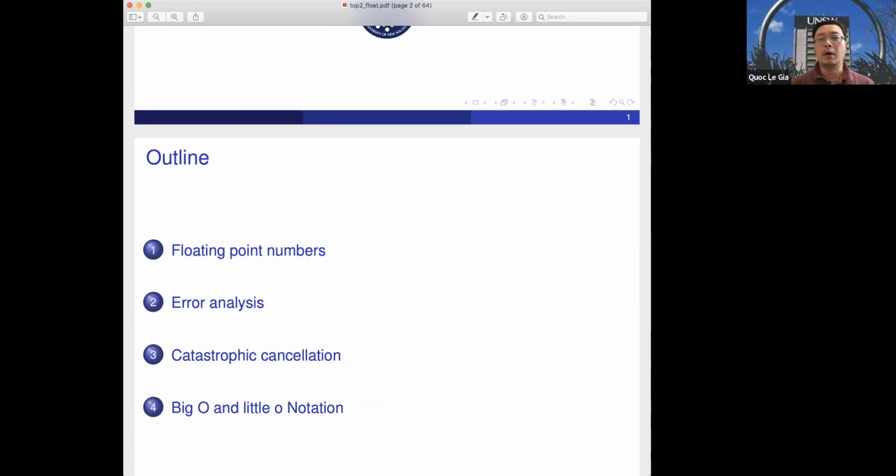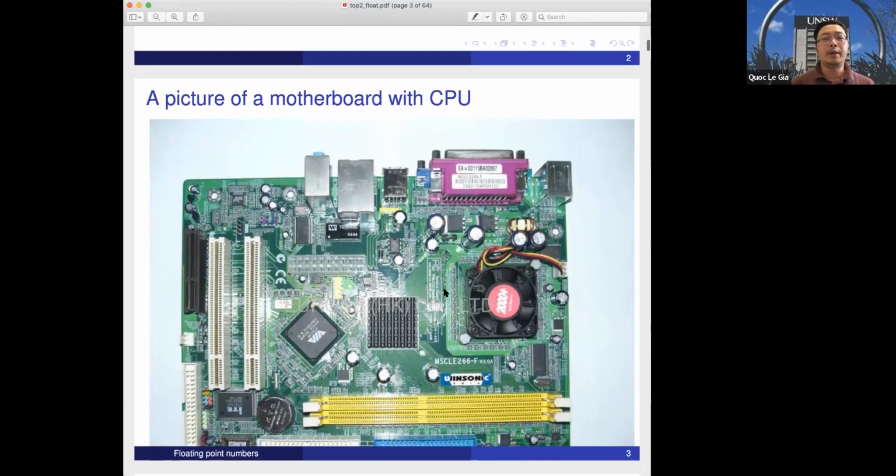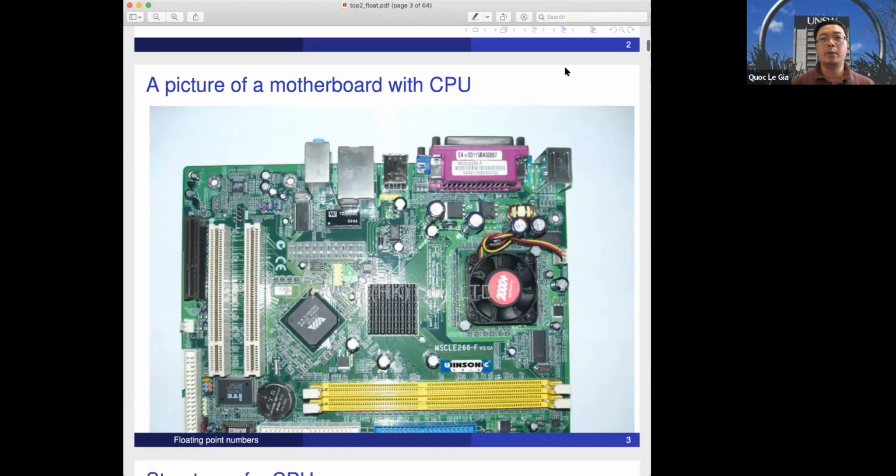There are some consequences, and one of them is catastrophic cancellation. Hopefully we have time to cover this. Now, this is a picture of the motherboard with the CPU.